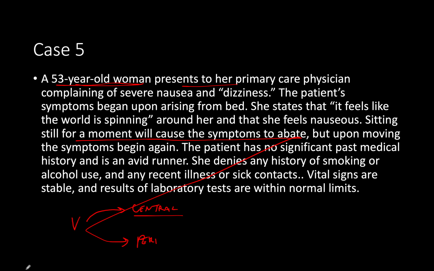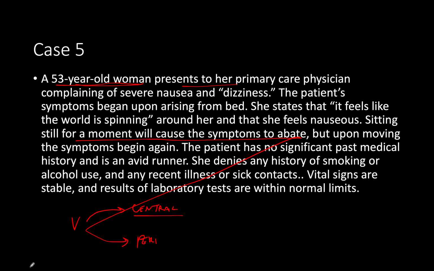So I kind of said that, but I immediately wanted to take it back. You cannot differentiate both of those just by whether it's present at rest. But you can tell it's definitely not central if the symptoms abate at rest. It's definitely peripheral.